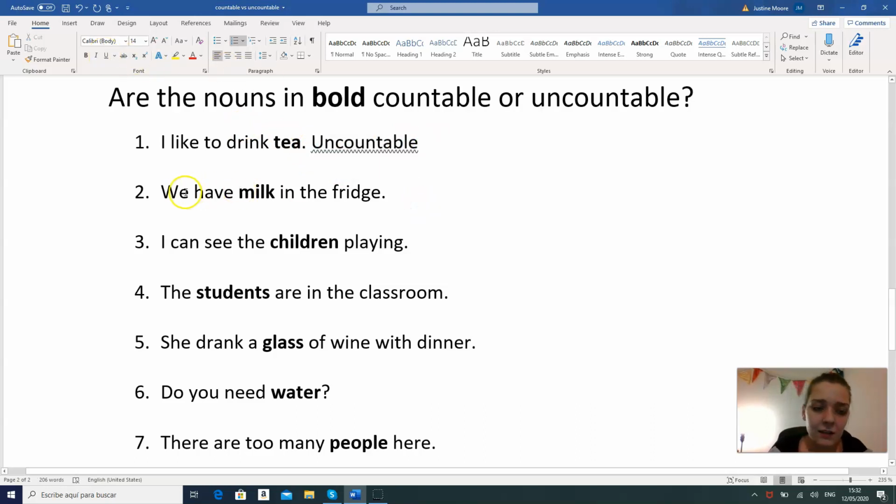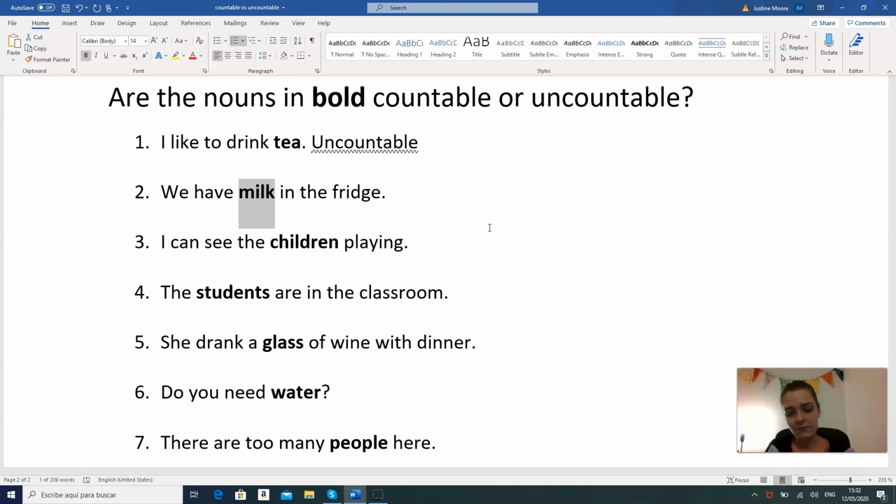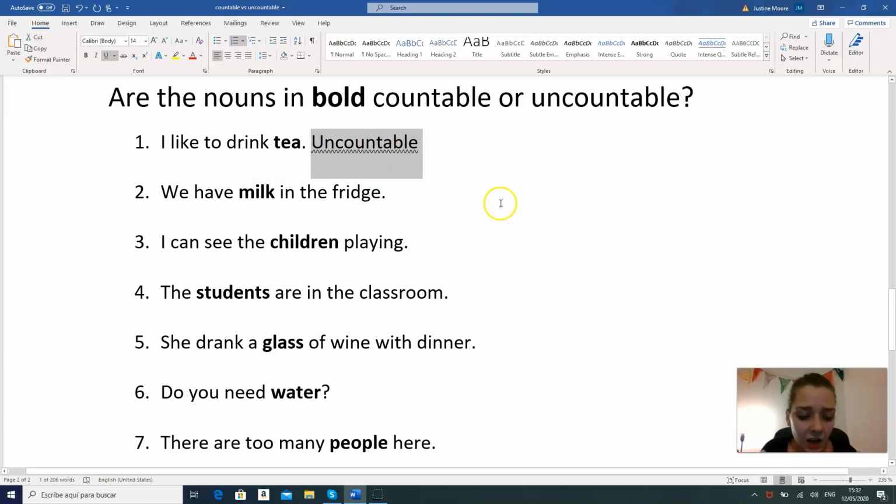Okay. Next sentence. We have milk in the fridge. The noun is milk. So think, is milk countable or uncountable? I'll give you a second. Milk is uncountable.